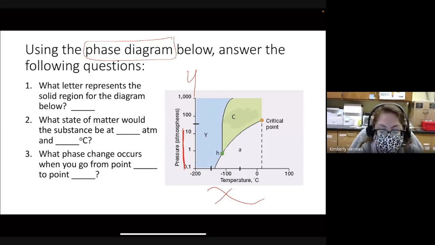So Y in the blue would be my solid, the green C would be my liquid, and the gray would be my gas or my vapor. Notice that CP, the critical point, is already labeled, and we'll see this green spot right here is where all 3 colors meet, or states of matter. So that would be my TP, aka my triple point. Now, since this is atmospheres, I can draw a dotted line going across, and that lets me know my standard pressure.